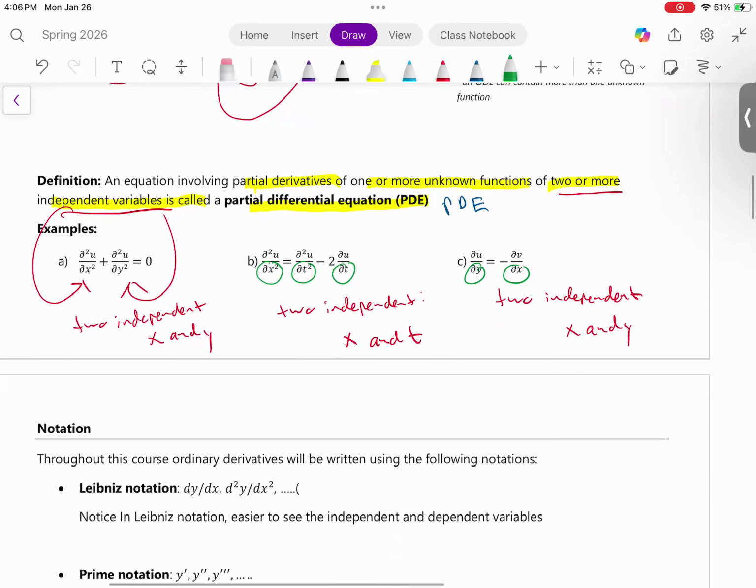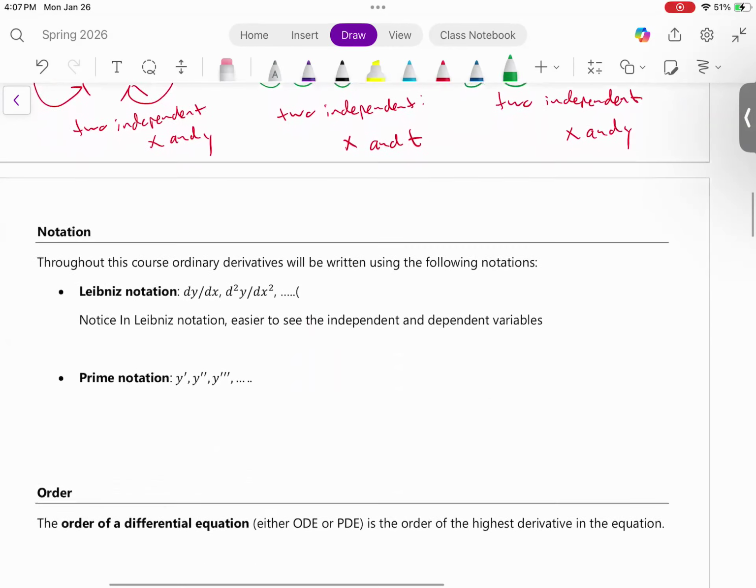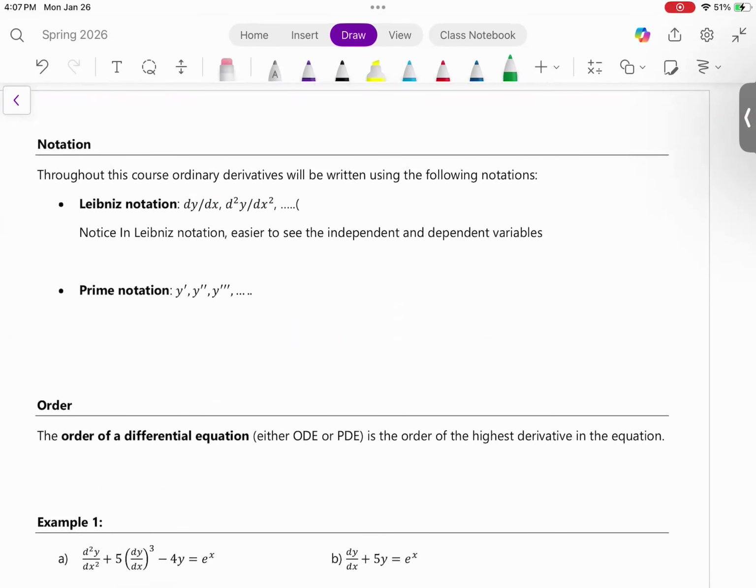Okay, so let's keep moving through notation. And this one's just about how we like to write differential equations and the derivatives written inside the equation. So there's really one way that you've seen before, like Leibniz notation, and that's just like the dy over dx, right? This guy right here. You might prefer that, you might not. The one thing about it is that it's easier to see the independent and dependent variables.